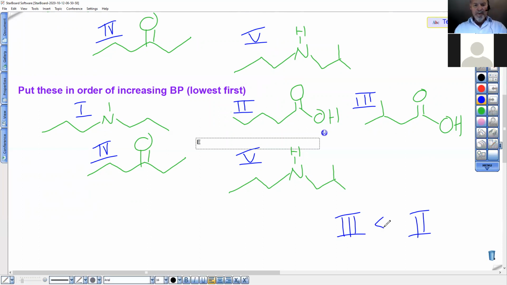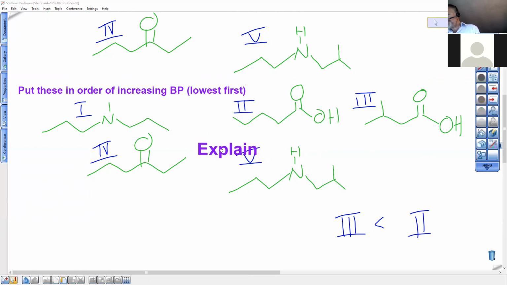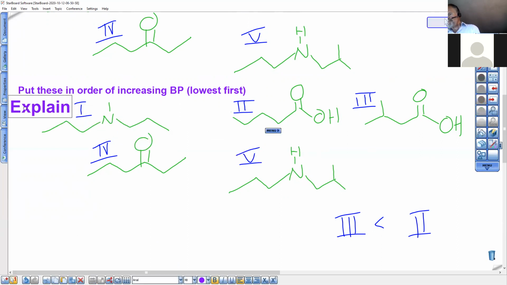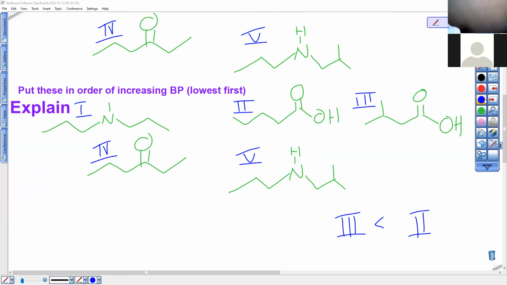That's where more of the points are anyway. Explain. Oh, yeah, purple's nice. Let you know it's more important, huh? All right, so if I have to explain these 2 as a group, I'm going to use the fact they have extensive hydrogen bonding.